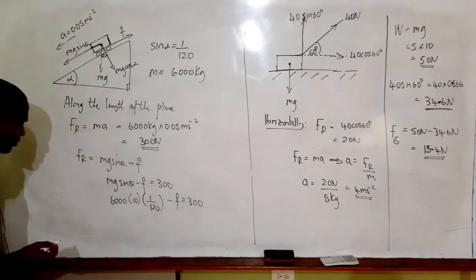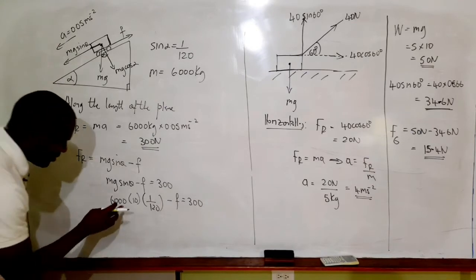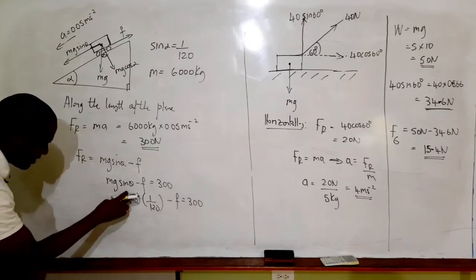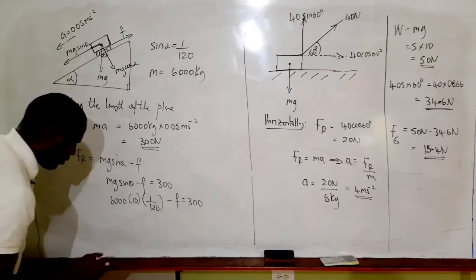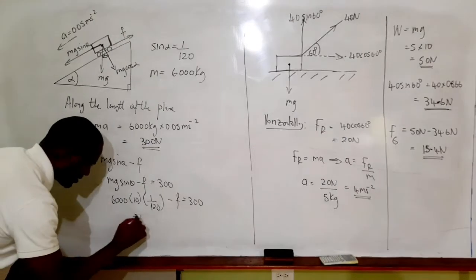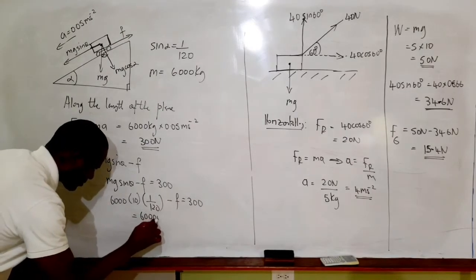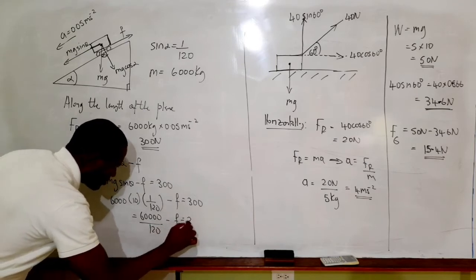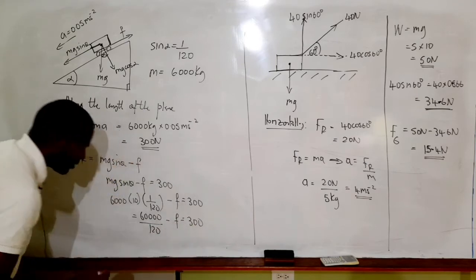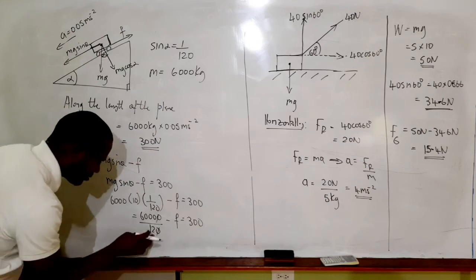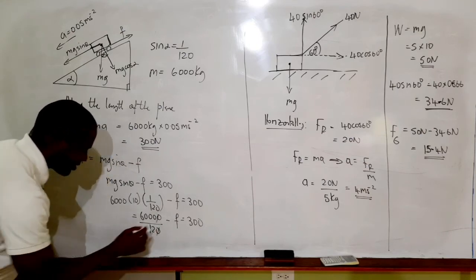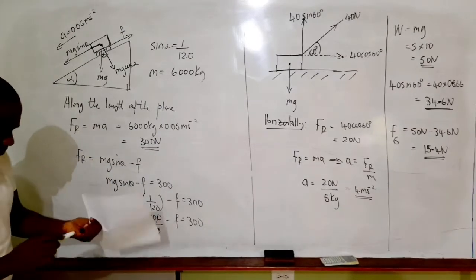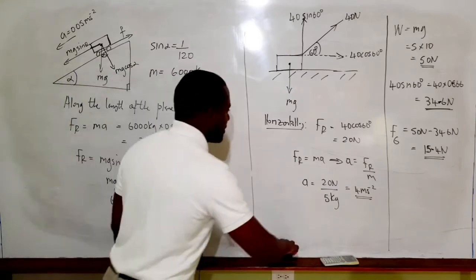So let's work this out. 6,000 times 10, that's 60,000, divided by 120. So that gives us 60,000 over 120 minus F is equal to 300. Zeros cancel, 12 into 60 goes 5. So this gives us 500. Make some space.